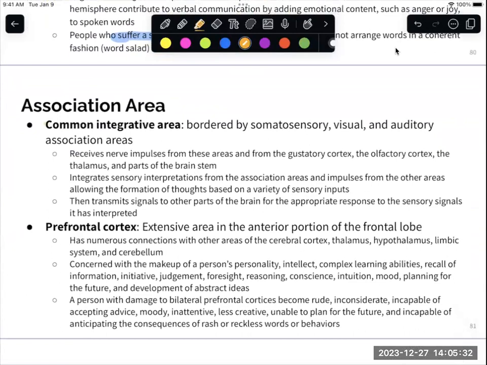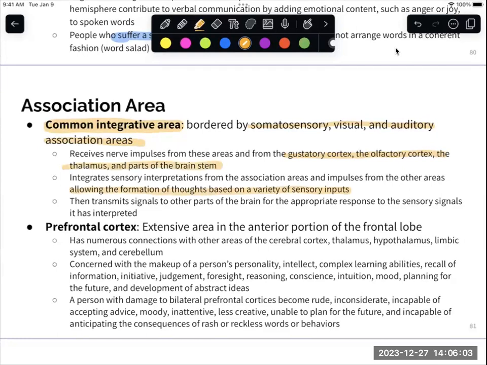We have a common integrative area. It's around the somatosensory, visual, and auditory association area. So information is coming in from taste, smell, the thalamus, and part of the brainstem. So this is where we interpret information along with forming thoughts based on those sensory inputs.